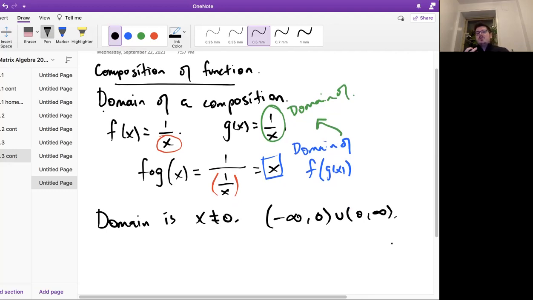So when we think about matrix multiplication, this is composition of functions, and the domain of the composition is the product. So when we think about the product, we have to consider the domain of each individual function.